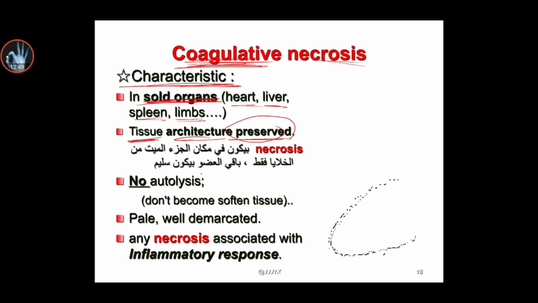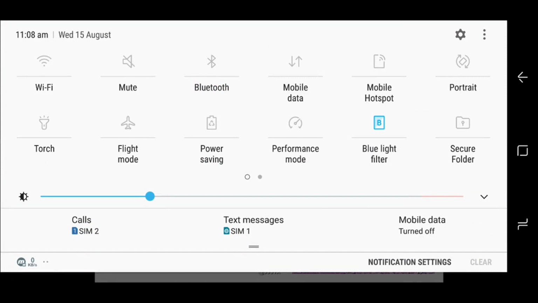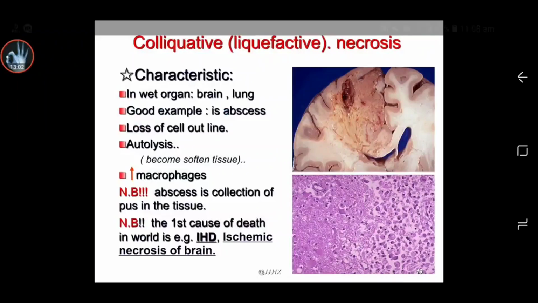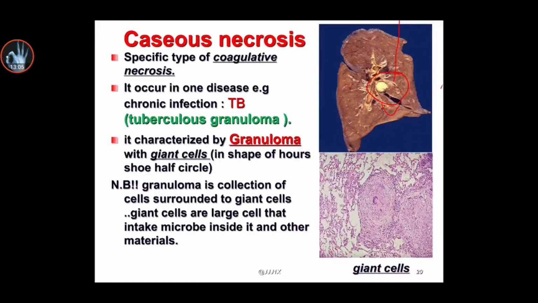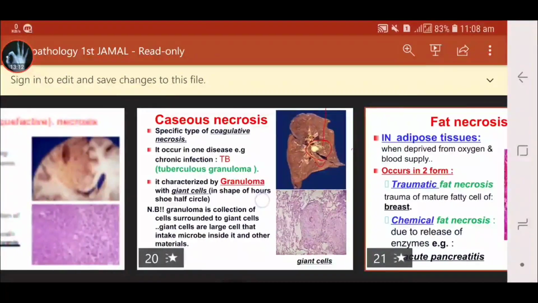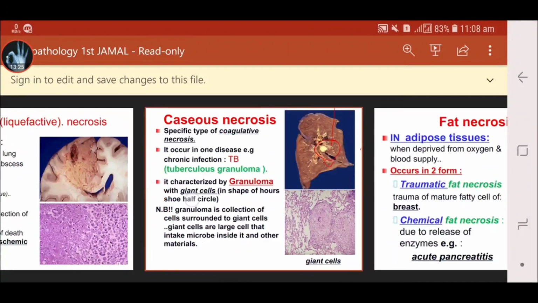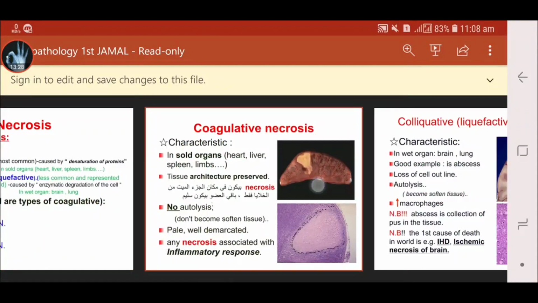Sorry, the picture is not showing. Let me show you the picture. This is coagulative necrosis. As you see here in this picture, the necrosis is in the yellow color.